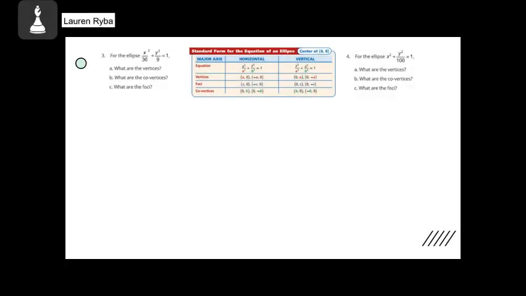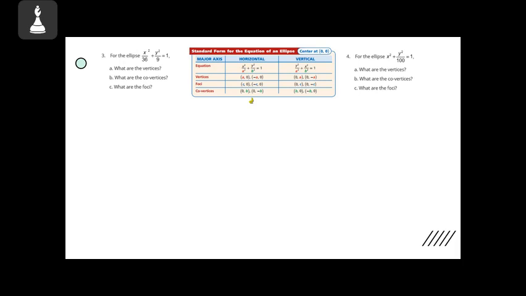So what I have for you here is a different version of the table so we can practice finding the vertices, co-vertices, and the foci. For the first one, we have x squared over 36 and y squared over 9 equals 1. The larger number is under the x. So that means our vertices are going to be on the x, the horizontal one, this guy here.